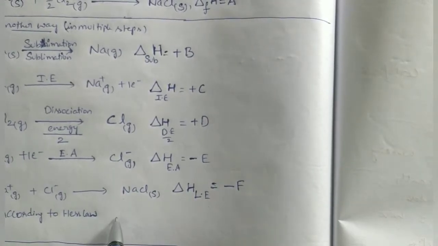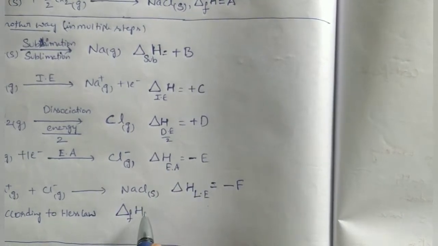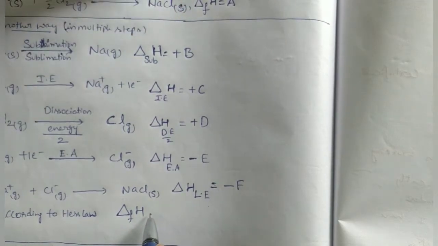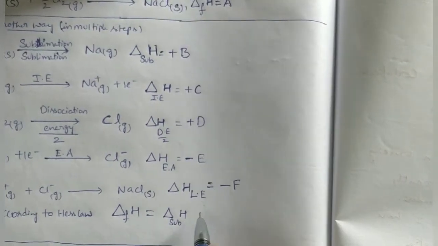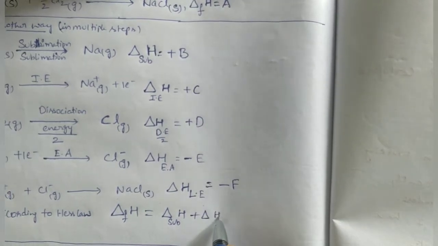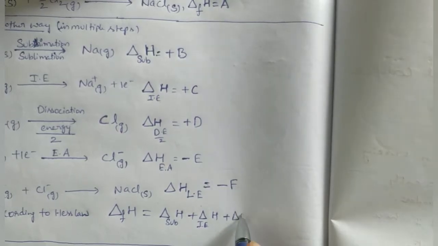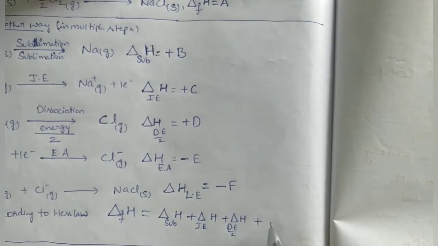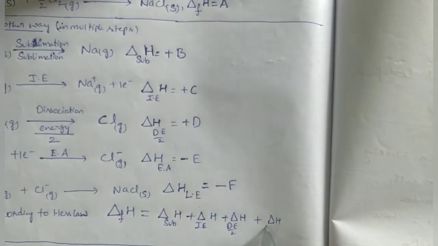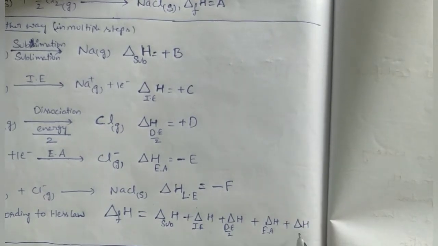So energy involved in single step, delta H formation, this is single step only, is equal to delta H sublimation plus delta H ionization energy plus delta H dissociation energy by 2 plus delta H EA plus delta H LE.